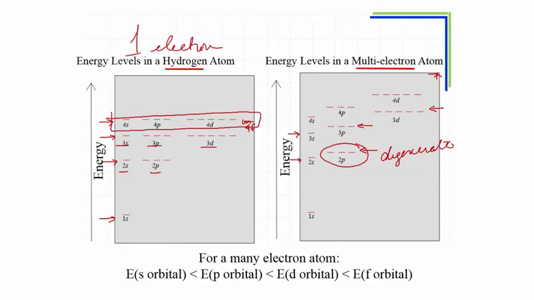So eventually we need to start putting electrons into these orbitals and assigning them their location in an atom, and that's what our next learning objective would be.